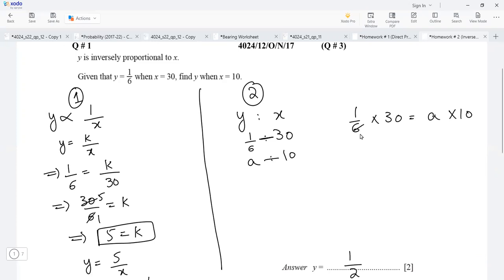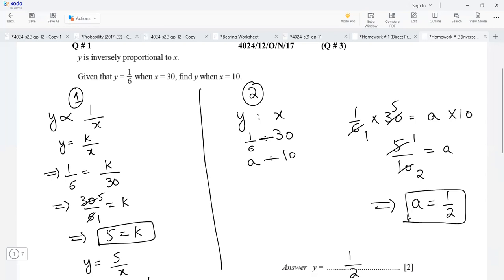We can simplify: 6 times 5 is 30, so 5 over 10, since 10 and a are multiplied, 10 will divide onto the other side. It becomes 5 times 2 is 10, the same process. The answer for a, which was actually y, is 1 over 2, the same thing. Whichever method you find easier, that will be fine. You can apply either one of the methods.